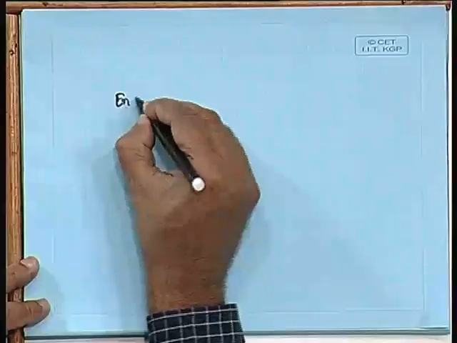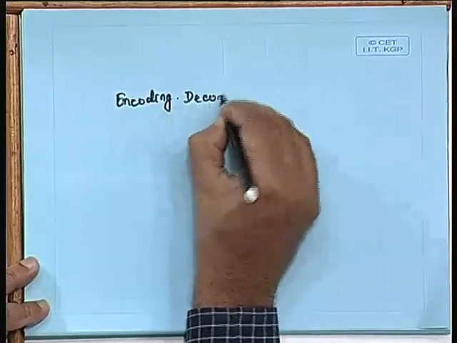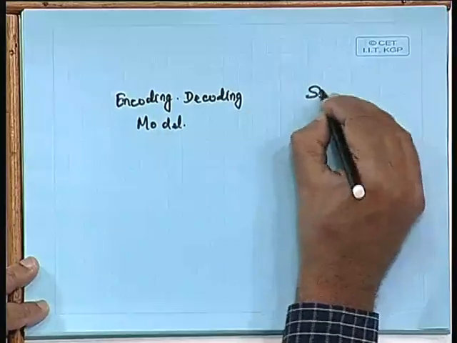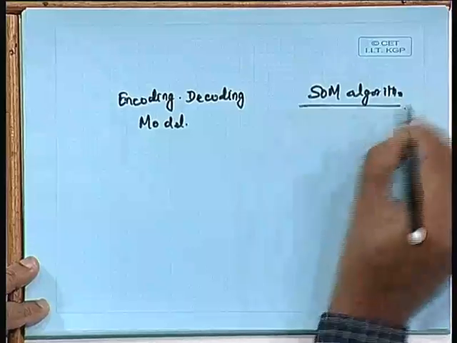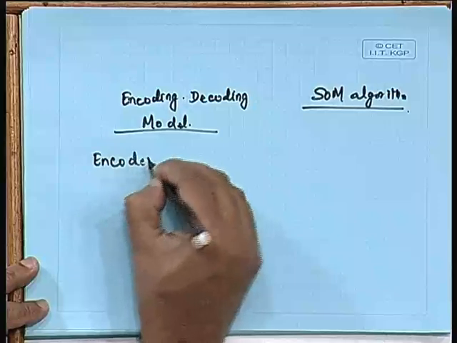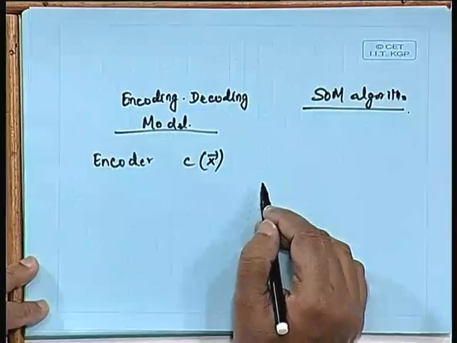So, we have the encoding-decoding model listed on this side and the SOM algorithm listed on this side. If we talk about the encoder part, that is C of x in the encoding-decoding model, what will be its equivalent analogy in the self-organizing map?